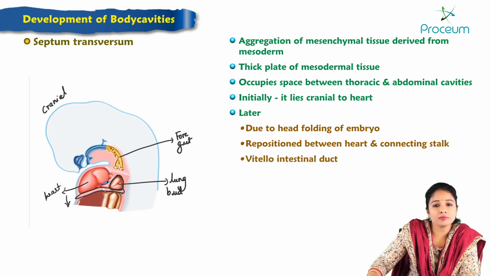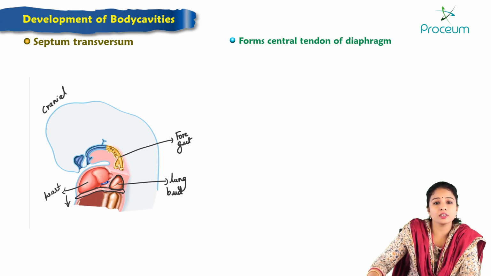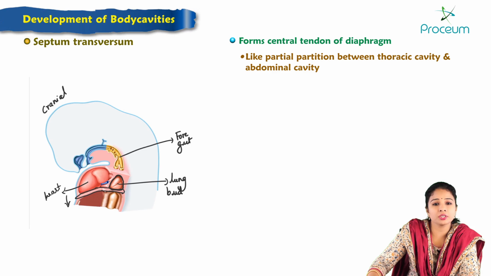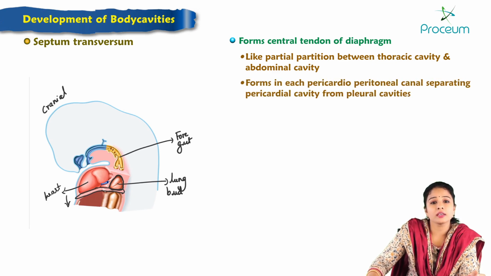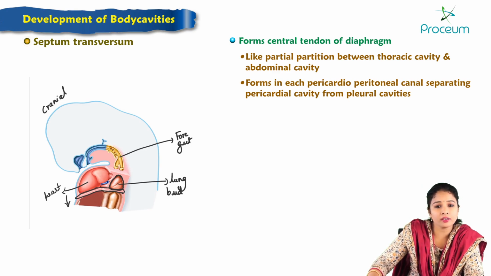The septum transversum forms the central tendon of the diaphragm, which is like a partial partition between the thoracic cavity and abdominal cavity. This partition forms in each pericardio-peritoneal canal, separating the pericardial cavity from the pleural cavity.